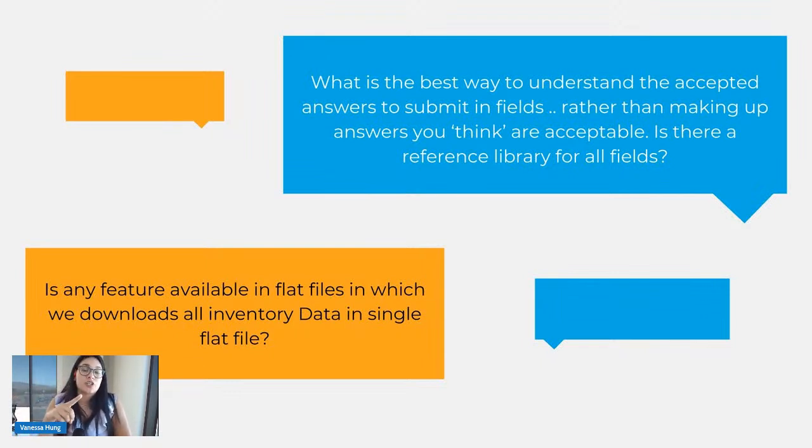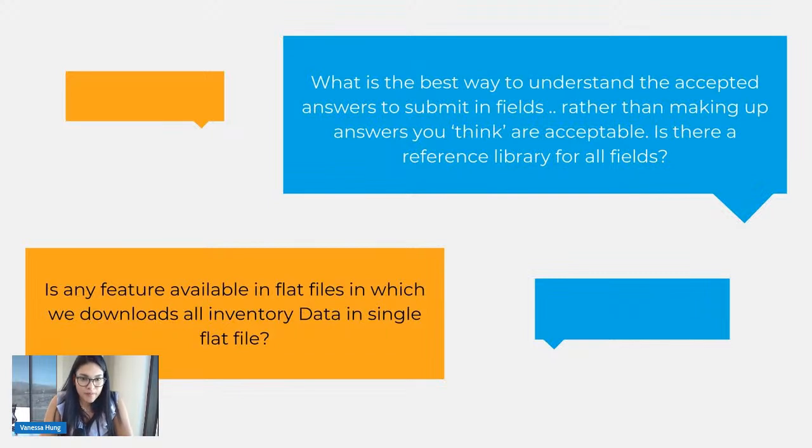So we have the valid values. Also, in the first session, I talk about the browse tree guide. Those browse tree guides are your best friends to learn more about attributes, get more examples, and get more data definitions in case you don't find them in the valid values tab of your category listing report. Okay.